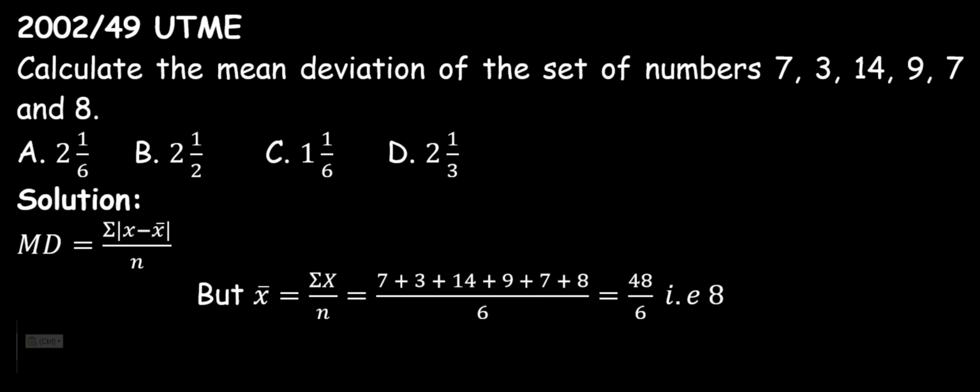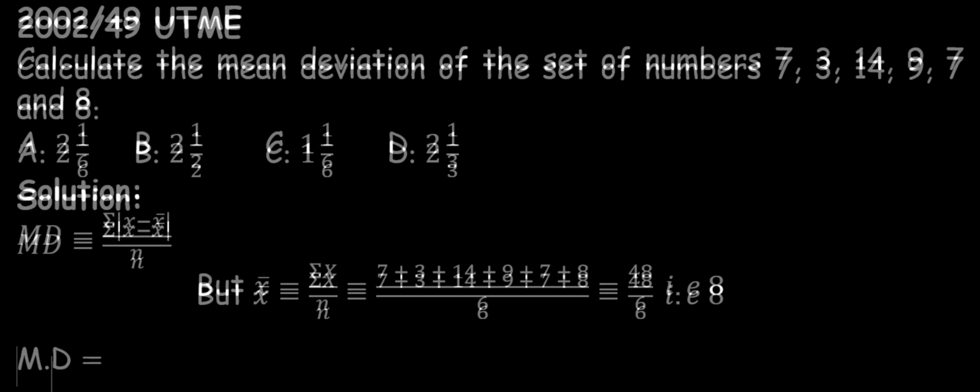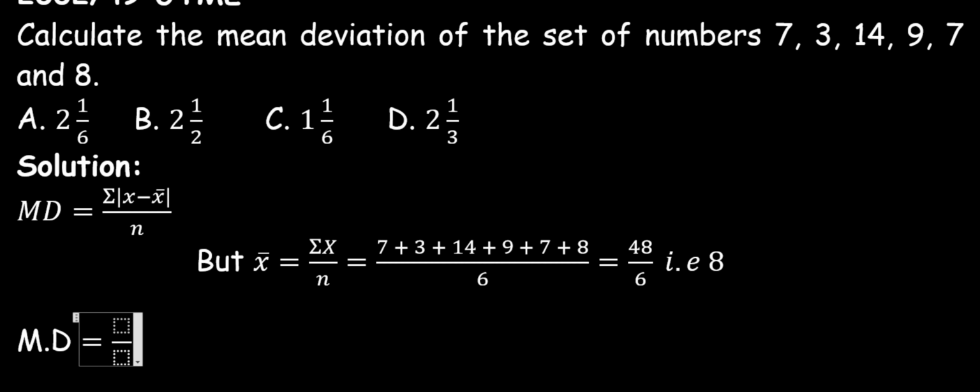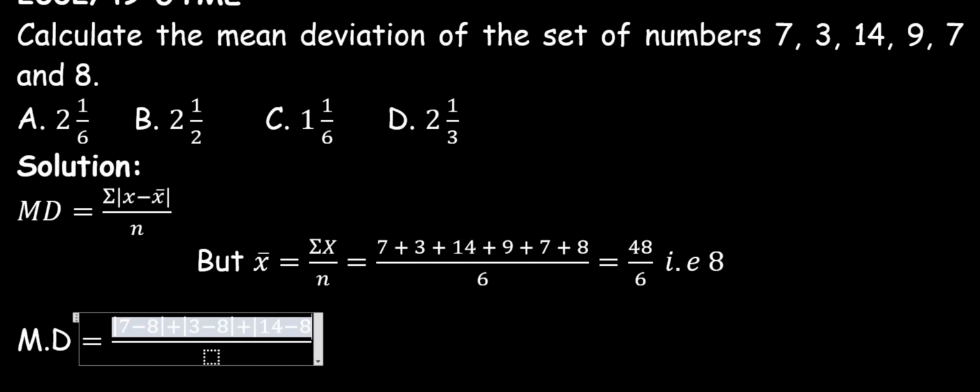Thus, we can now say mean deviation is equal to the absolute value. We subtract the mean from each of the values. In the first case, it will be the absolute value of 7 minus 8, plus 3 minus 8, plus 14 minus 8, plus 9 minus 8, plus 7 minus 8, plus 8 minus 8, all over 6.